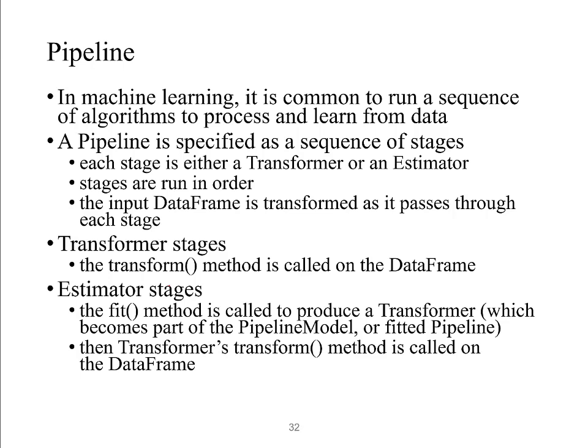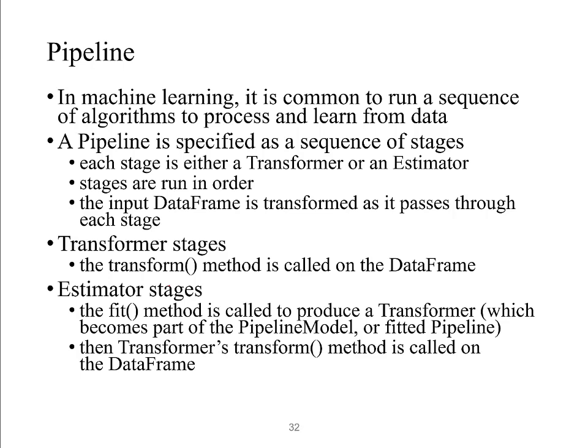For example, a text document processing workflow may include several stages. You need to split the text in each document into words, and then convert the words into a numerical feature vector for each document. Then you probably want to learn a prediction model using the feature vectors you have just converted, and the labels.